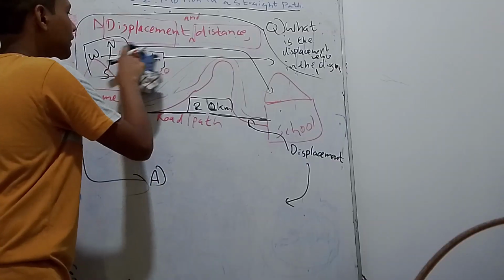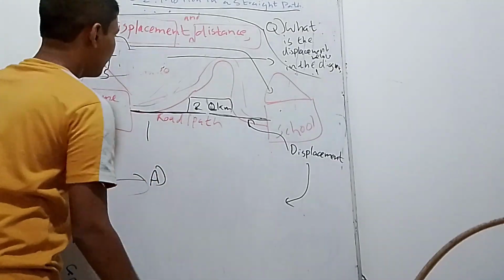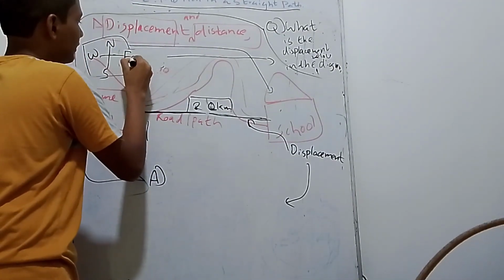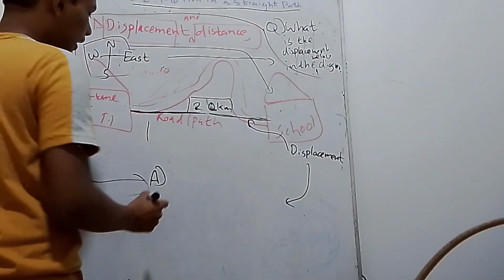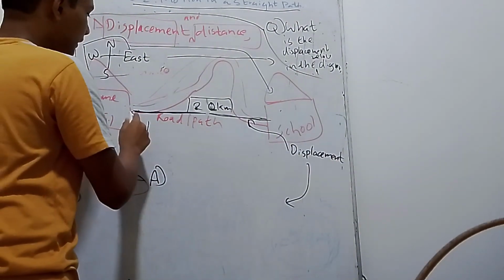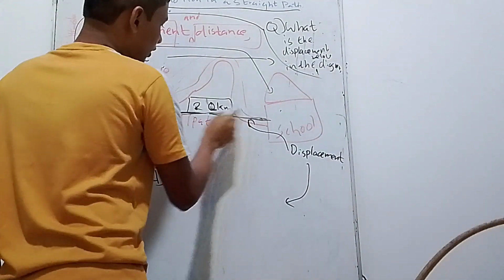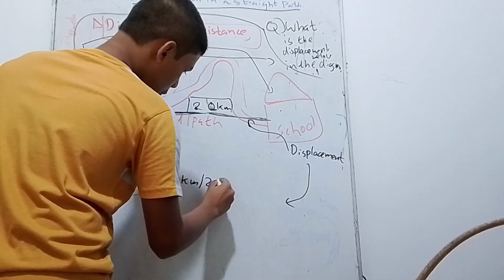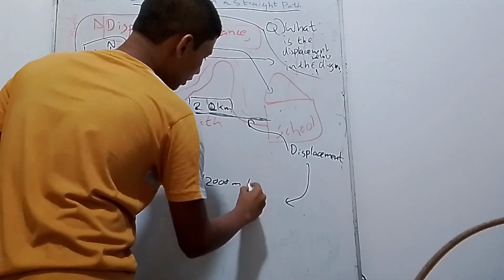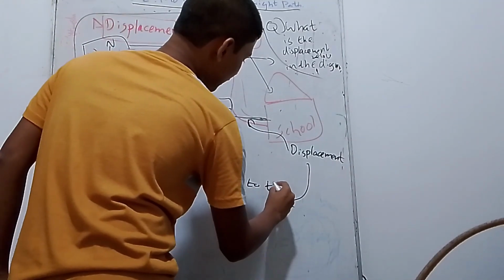So as I said before, these are the four main directions, and this is the east direction. So as you can see here, displacement is 2 kilometers or 2000 meters to the east.